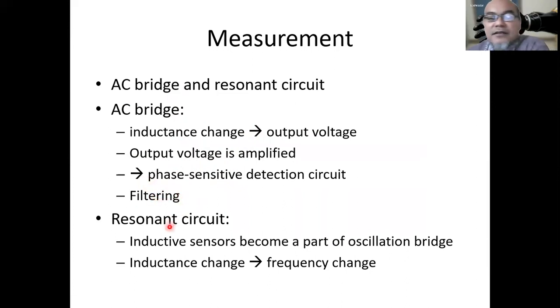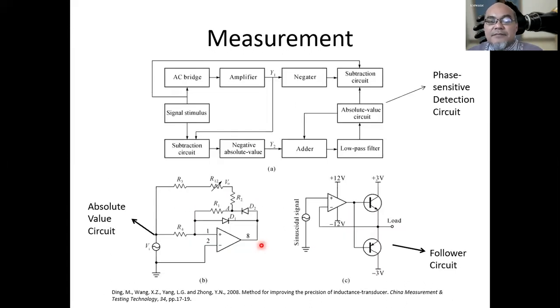In the resonance circuit, the inductive sensor becomes a part of the oscillation bridge. In this case, the output of the oscillation bridge is a frequency change. If you have a frequency change, then you can put it into a counter. Either you make your own counter circuit, or you can use a microprocessor to count the frequency.